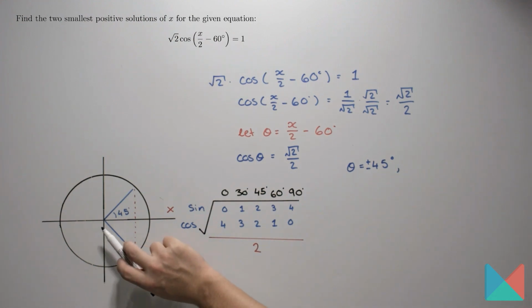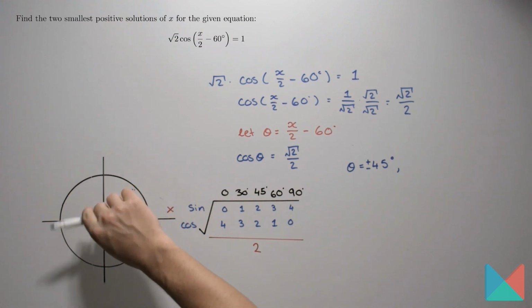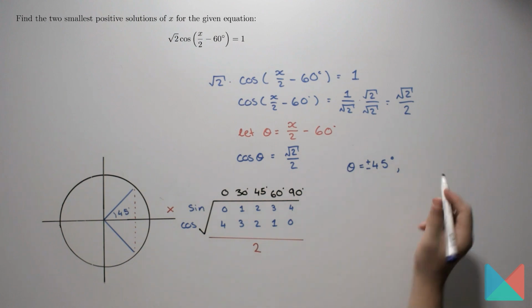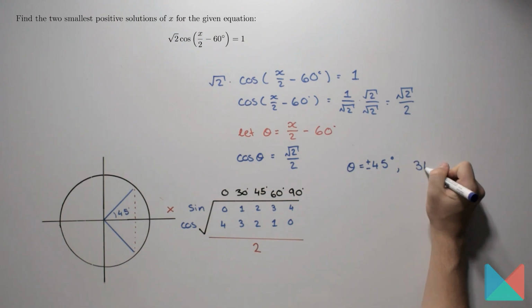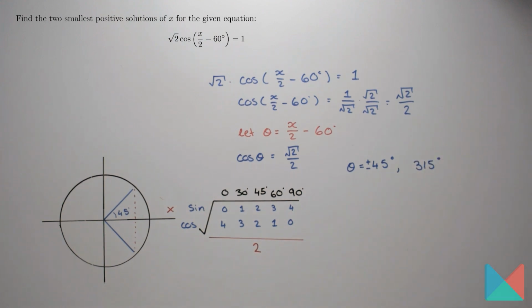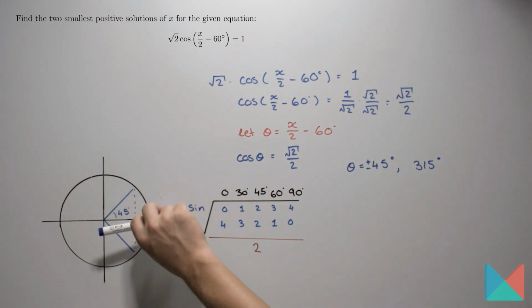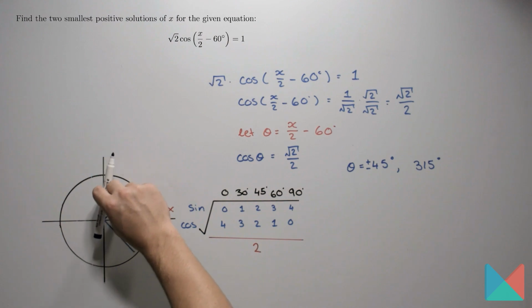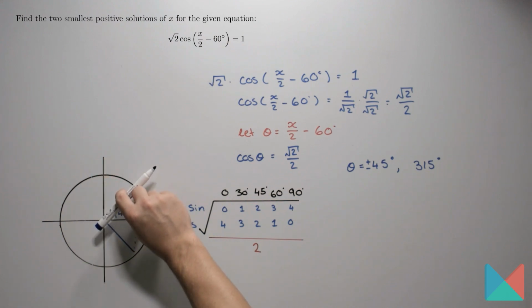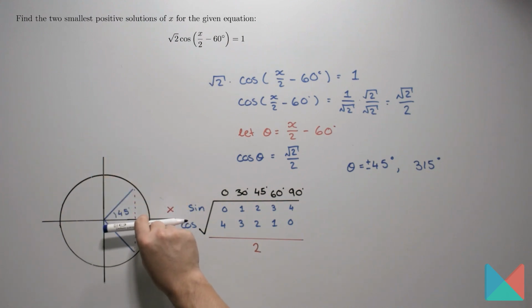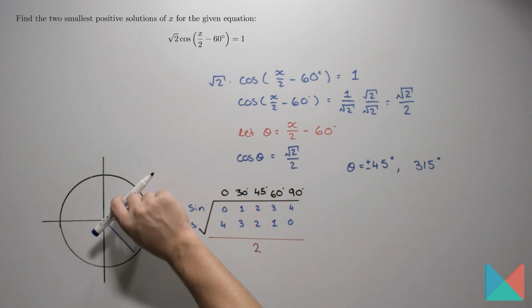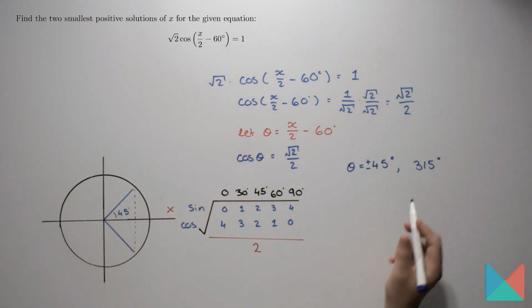To get our value in the other quadrant going around, this will be 360 degrees take 45, and that gets us to 315 degrees. And we're also going to get the negative value. If we go around to negative 180, negative 270, to this angle here, we're going to have negative 360 and we're going to go anti-clockwise, so we add 45 degrees, and this angle here will be negative 315 degrees.